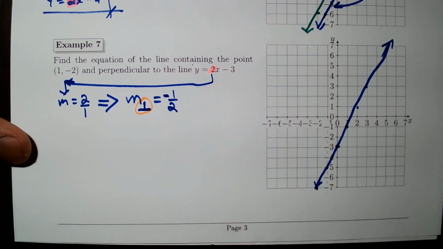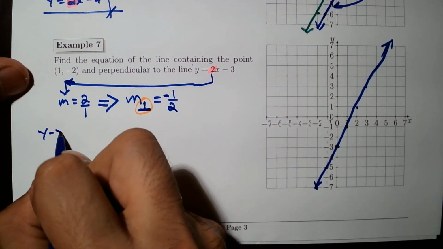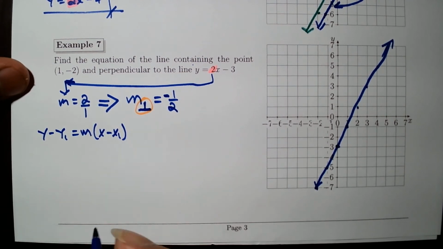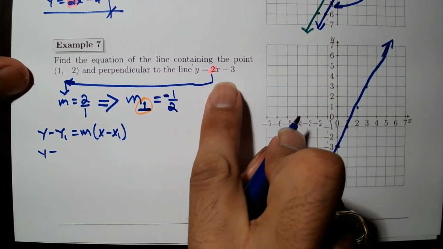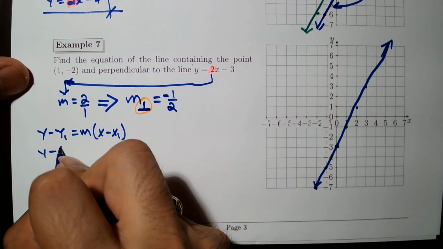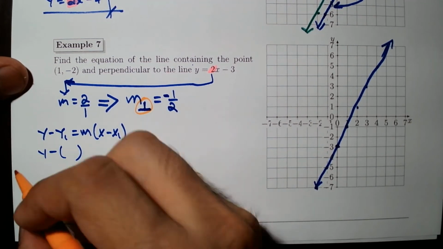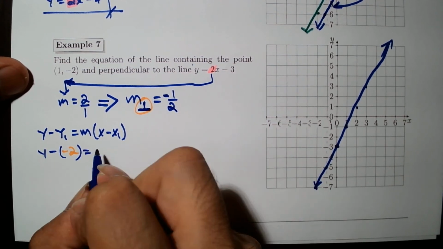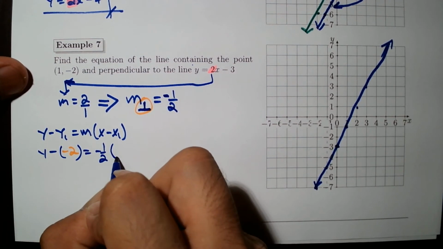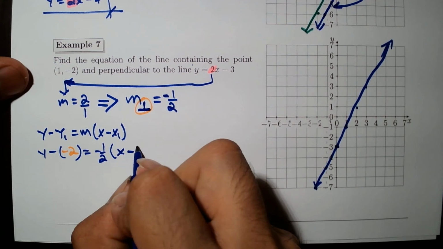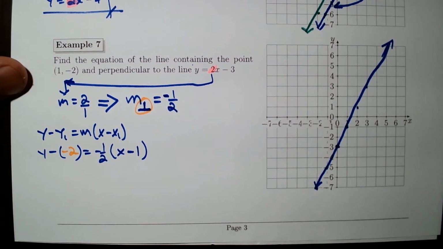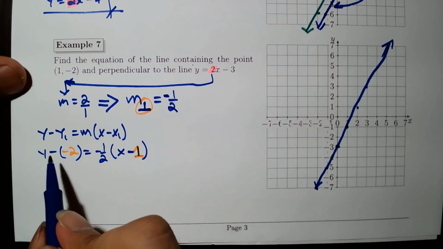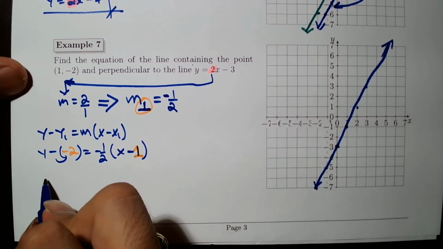And we're going to use y minus y1 equals m times x minus x1, in which y minus y1 is negative 2, equals m, which is negative 1/2, times x minus 1. So this will be turned into a plus.